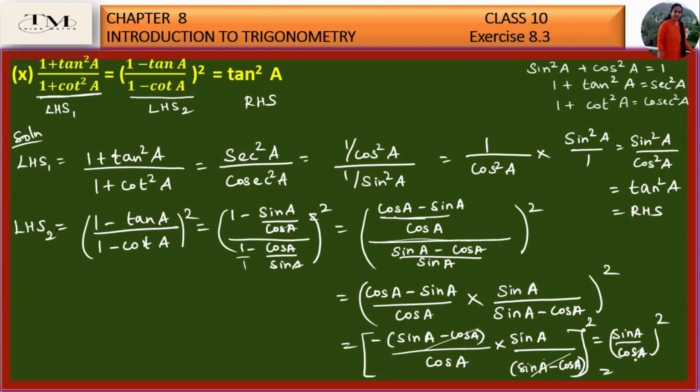What is sin A by cos A? It is tan A. Tan A whole square is nothing but tan square A, which is equal to the RHS. So we proved both the LHS are equal to the RHS. So we have verified. Okay children.